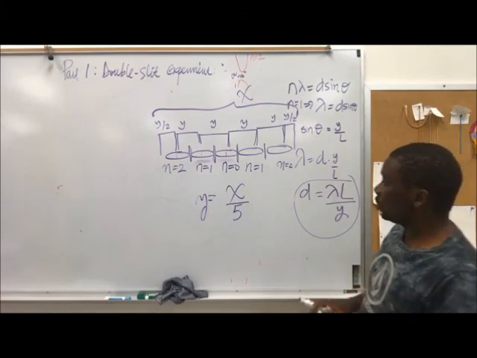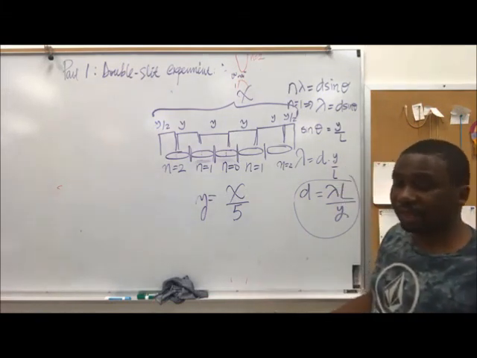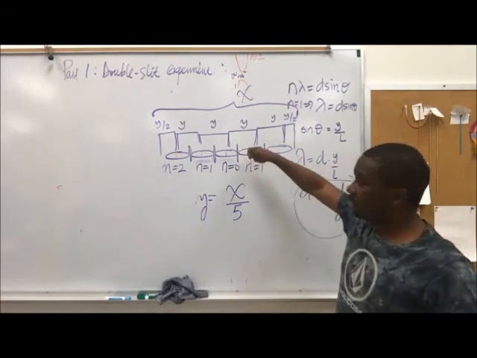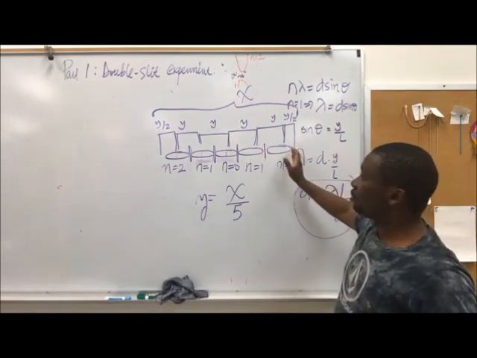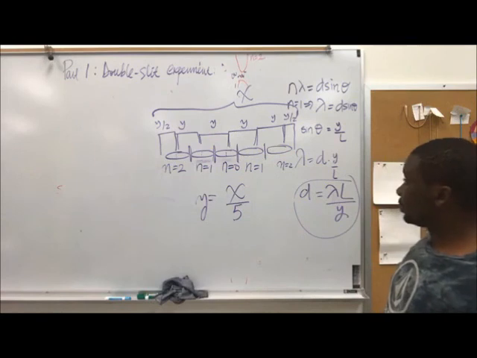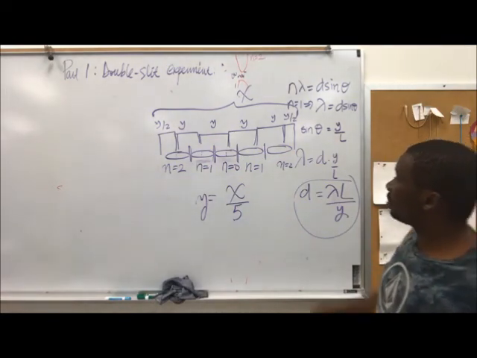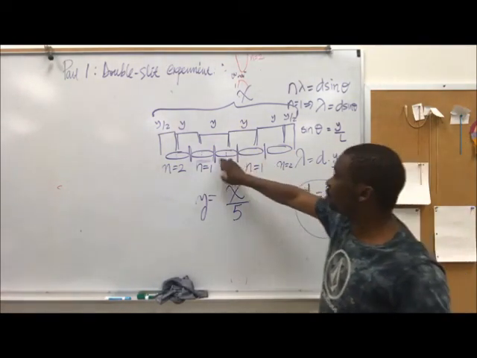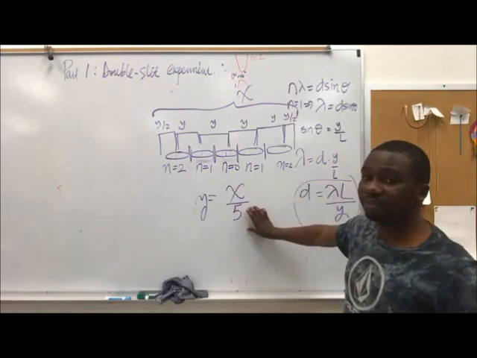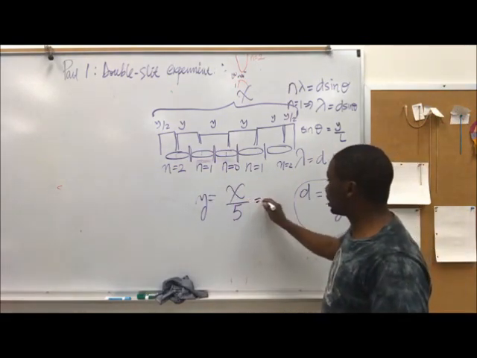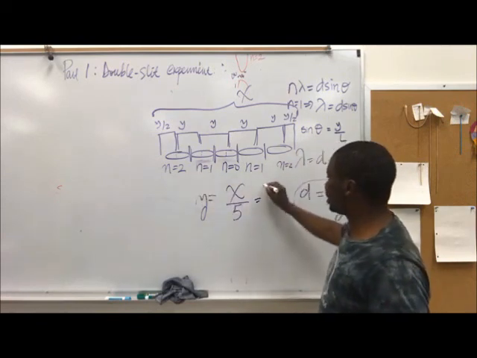So what you will do if you were taking an exam, instead of struggling to measure just the size of one bright fringe, you will measure the size of multiple bright fringes, and you count the number of dark fringes that you have. You have 1, 2, 3, 4. You say 4 plus 1, so you divide your total length by 5. Again, the total distance of these 5 fringes is x.